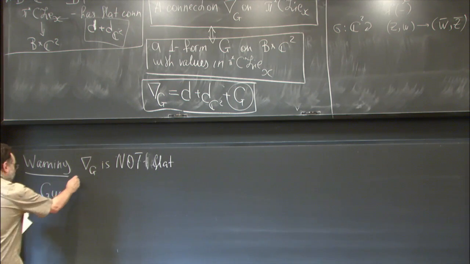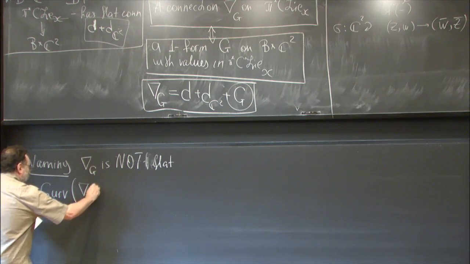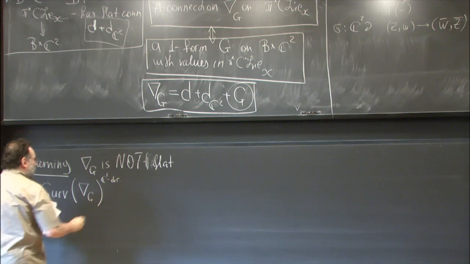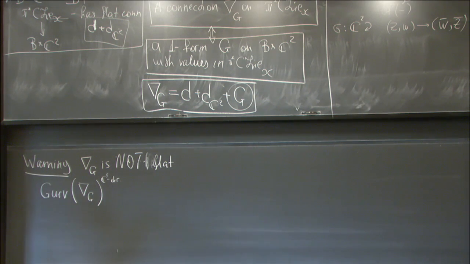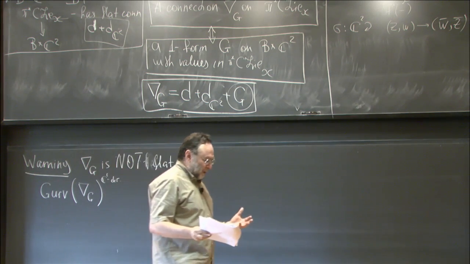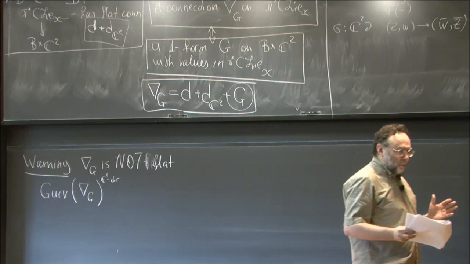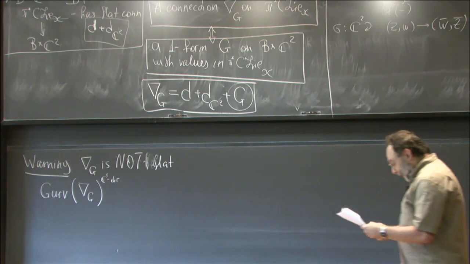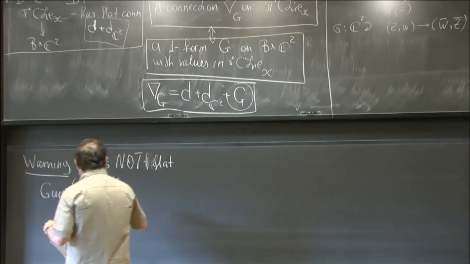So if you take the curvature of this connection, the curvature in the C2 direction. Here I mean the following. My space B cross C2 is canonically split as the product of B and C2. And so the curvature of a connection is a two form. And what I want to do is restrict this two form just to the C2 direction and see what I get.